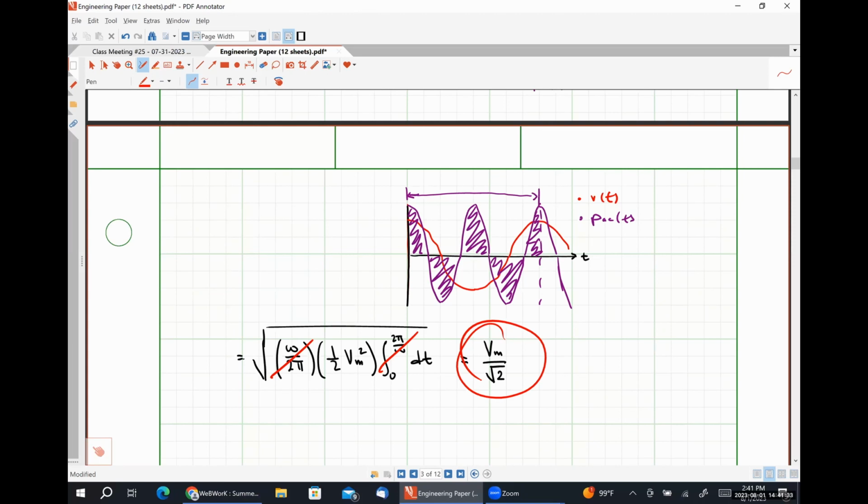Why this is so impactful is because here in the United States, where we operate at a linear frequency of 60 hertz, we can find the effective value of our sinusoidal voltages and currents in our steady state systems by simply taking the magnitude of the sinusoid and dividing by √2.